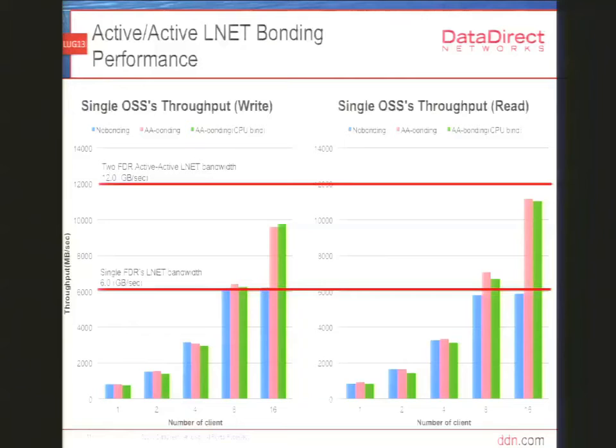This is the benchmark result, a single OSS throughput number for write and read. There are three configurations. One is the no-bonding configuration, shown in light blue.